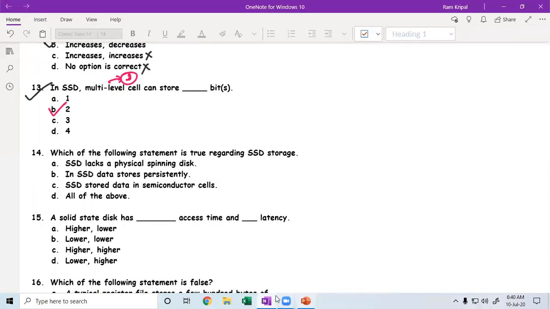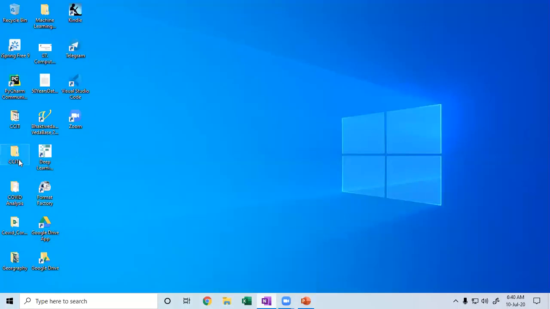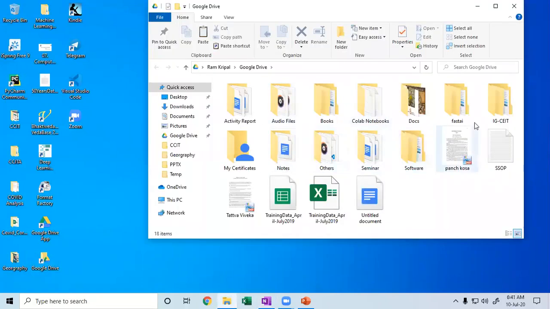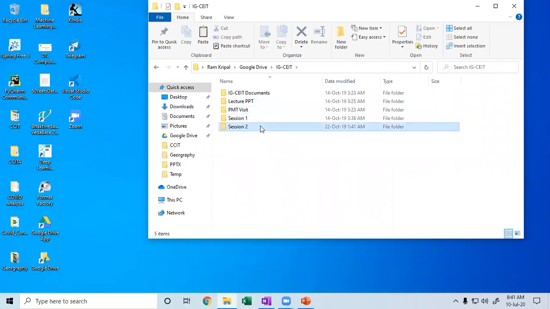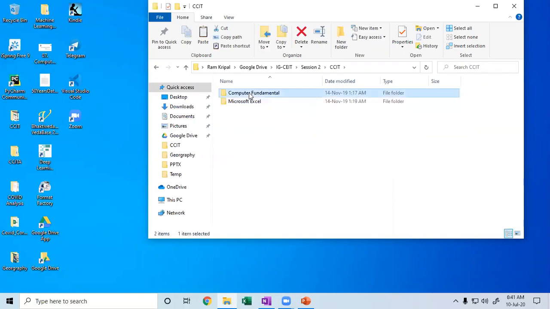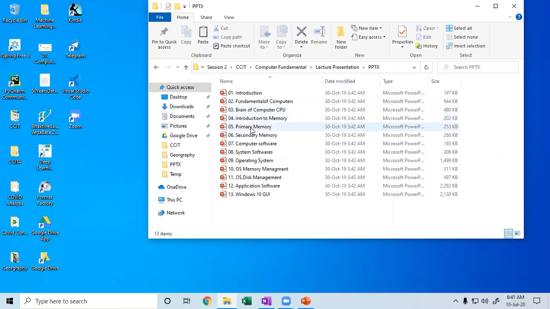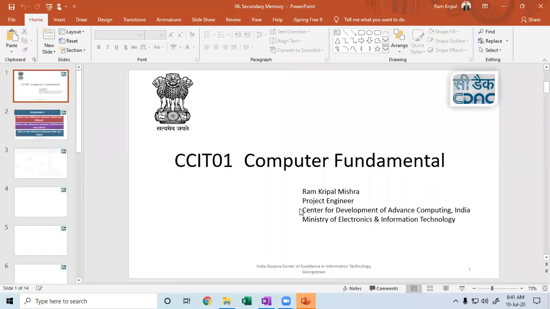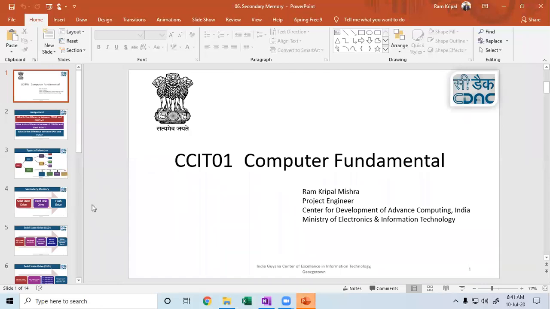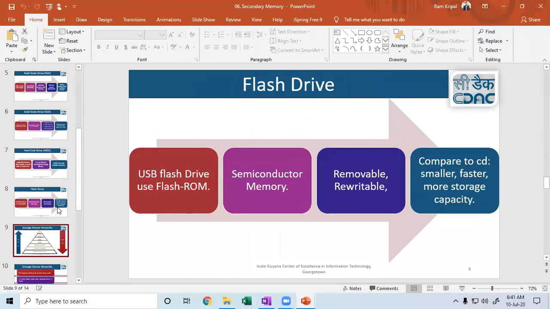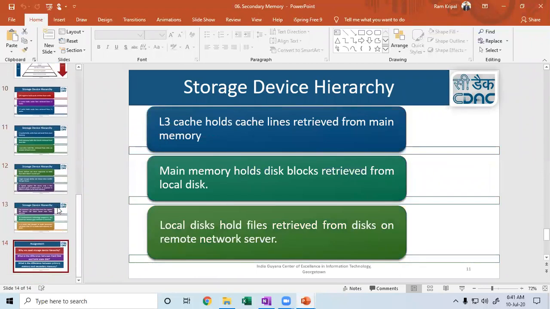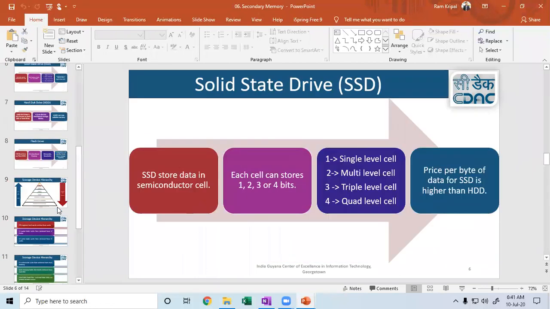let me open the slide. Where is the slide? Let's see this.